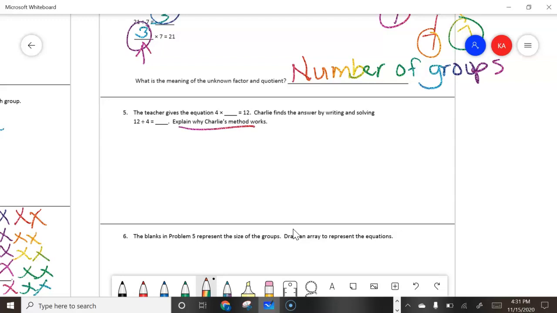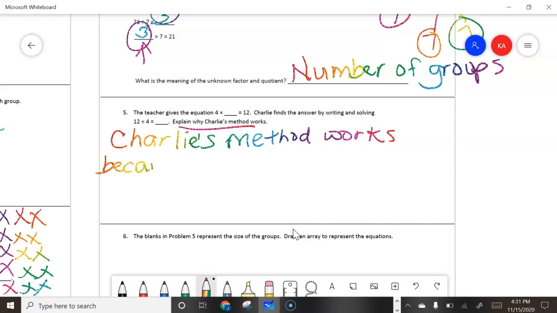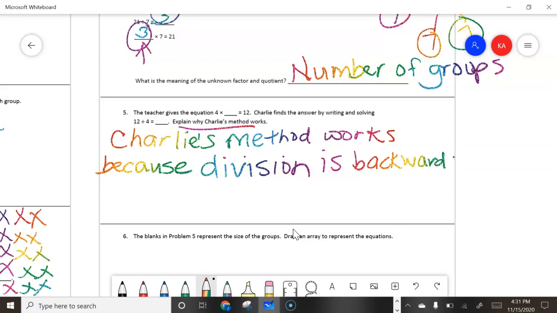So the reason it works, boys and girls, is, and I want a complete sentence, Charlie's method works because division is backwards multiplication.